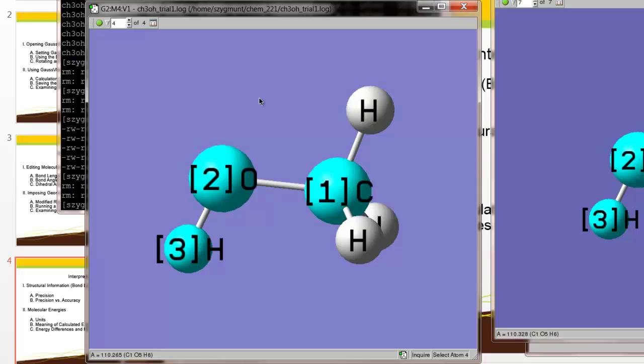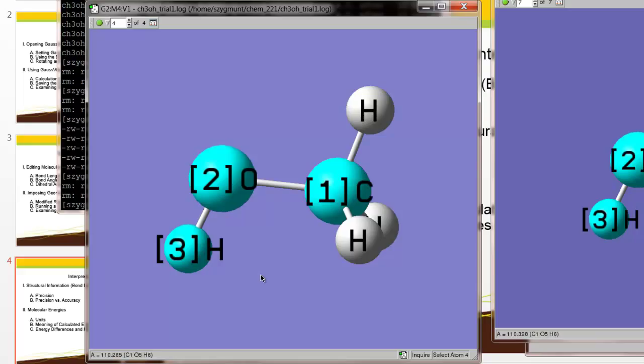This is actually fairly typical for calculations that I've done, where the first decimal place is often uncertain. If we just looked at these 2 values, we would have to say that the result is somewhere between 110.265 and 110.328. And if we did a 3rd trial, we'd probably get a slightly different answer again.